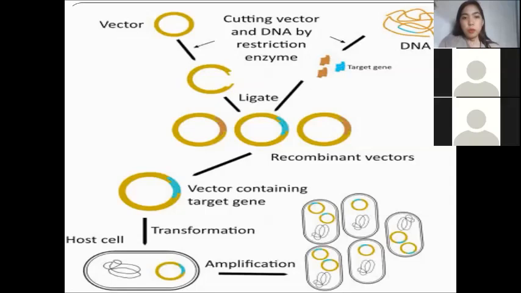So, the vector containing the target gene, yun nga yung recombinant DNA, undergoes transformation into the host cell. So, i-introduce na siya into the host cell. And then, amplification, multiplication, or expression of the introduced gene in the host.